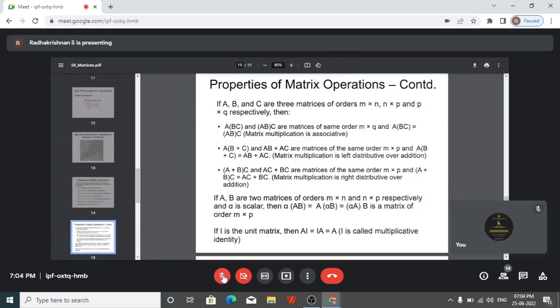Then alpha into AB equals A into alpha B, and it can also be written as alpha A into B. So the scalar can be put anywhere; that doesn't change the value. Here again, AB must stay in this same order. We should never write BA. Similarly, if I is a unit matrix, AI equals IA equals A. So I is called the multiplicative identity.